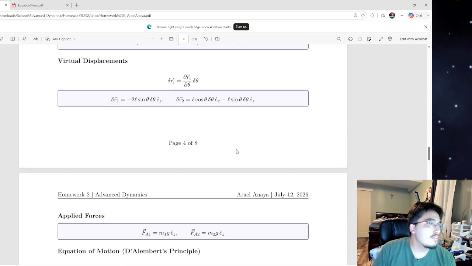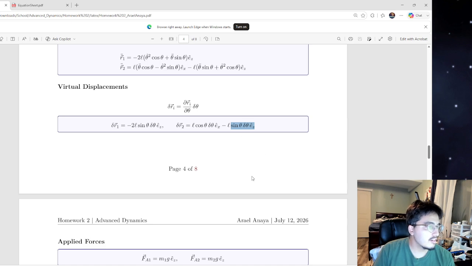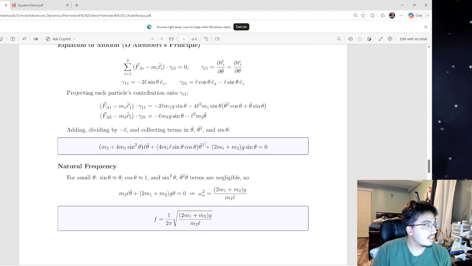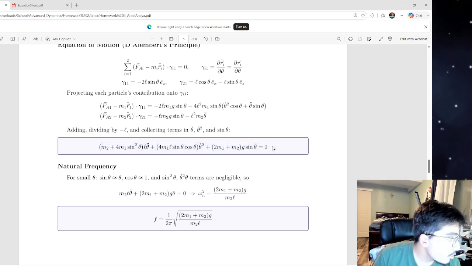Because I had it in separate directions, it was a little easier to do this step, and the hardest part was just keeping track of so many terms. But I was able to get through it, and then I combined everything. I ended up dividing by negative L to cancel out the negative sign, and also there was an extra L term that wasn't really needed. So we end up with this equation of motion.